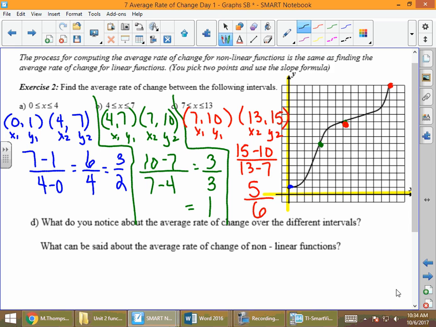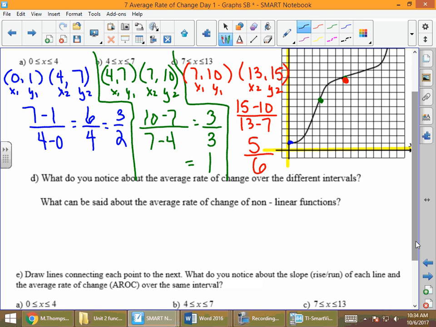Now remember, this is a non-linear function. It's not a line. What do we notice about our average rate of change? Well, what we notice is that the average rate of change is not the same over the different intervals. They're different.